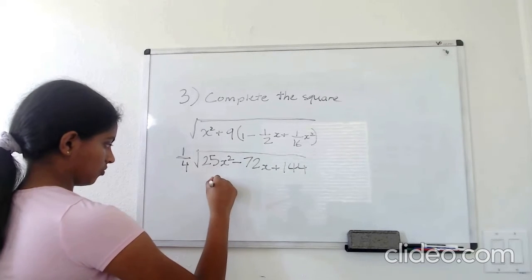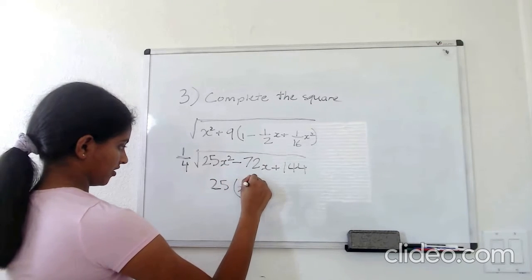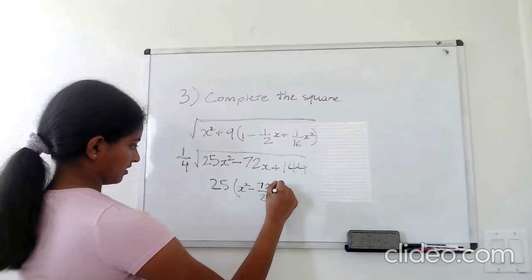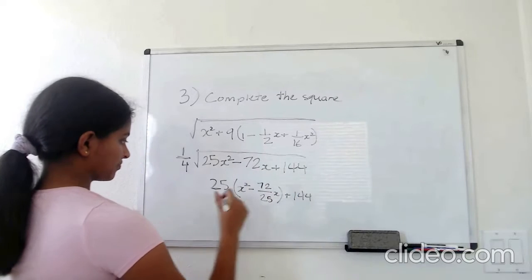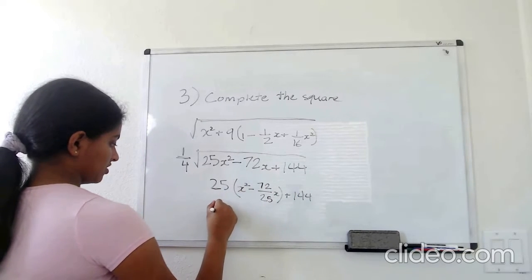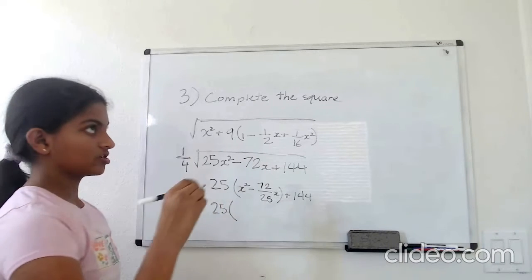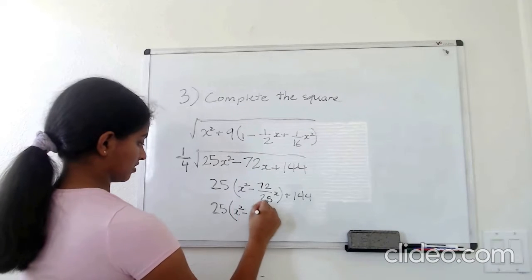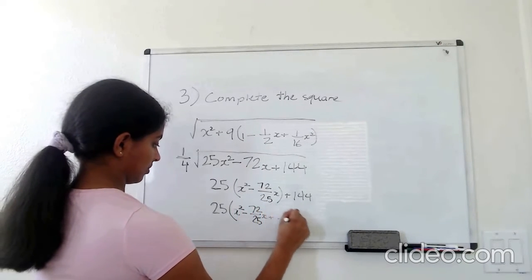So we're going to have 25 times x squared minus 72/25 x plus 144. So then we're going to add and subtract 36 squared over 25 squared. Why? So that we can complete the stuff inside of the parentheses.